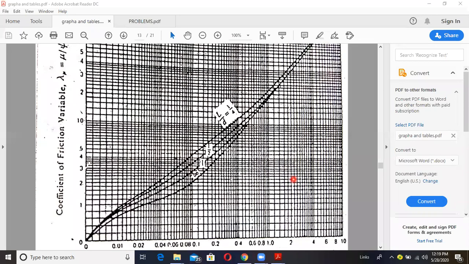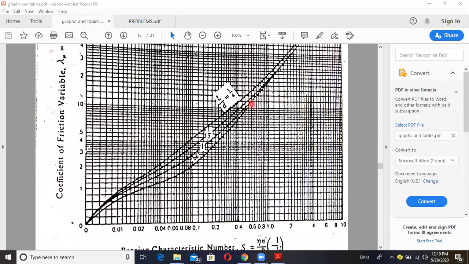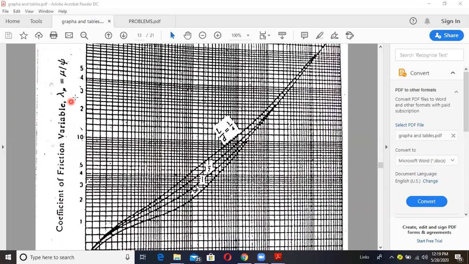You have 4 curves here, that is capital L divided by D. If you know the x-axis and which curve to select, then by selecting the curve and the x-axis we can calculate the y-axis.